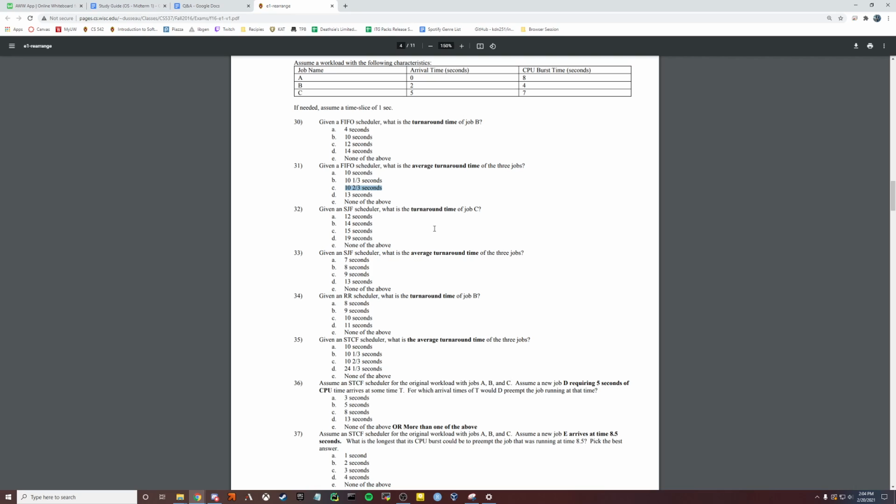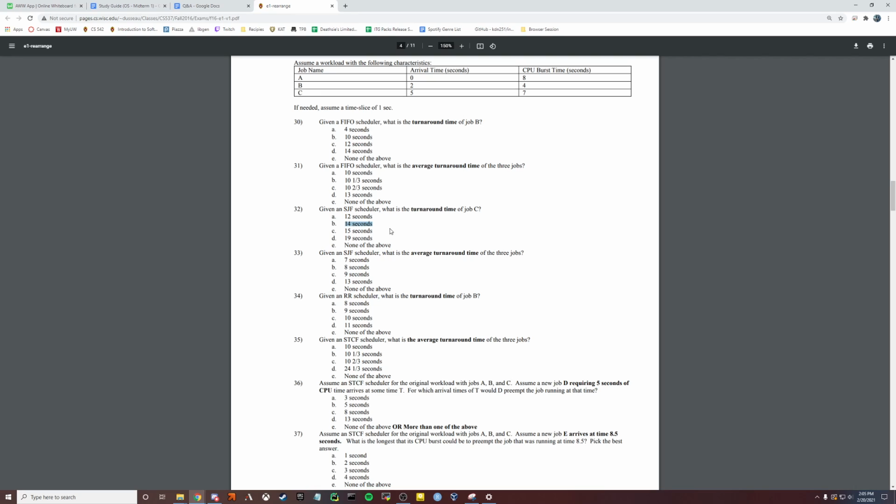Would job B interrupt job A, or would job A finish? In neither FIFO nor SJF is there preempting, so every job finishes as it arrives. So I think 32 is still just 14 seconds.